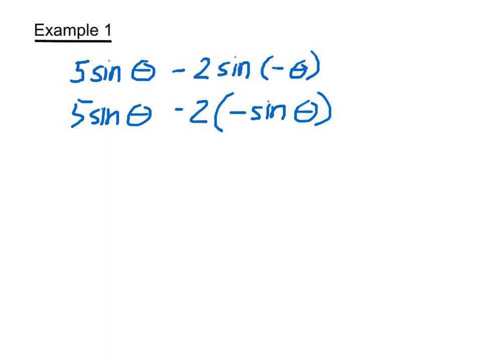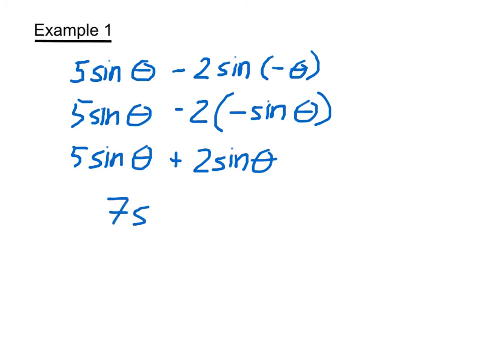Once I see that, I know that I have 5 sine theta plus 2 sine theta, right? Negative 2 times negative sine theta is really a plus 2 sine theta. And the last step is quite straightforward. I have 7 sine thetas, and that's my simplification.